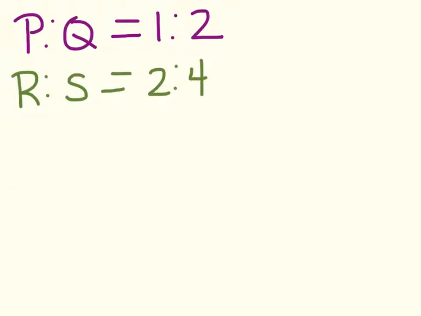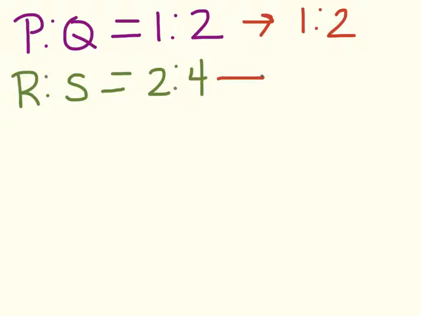Now let's use simplest form to reduce ratios and determine if they're equivalent. We have a pair of ratios here, P to Q and R to S. P to Q is equal to 1 to 2, and R to S is equal to 2 to 4. Is P to Q in its simplest form? Yes, it is. 1 to 2 is already in its simplest form.